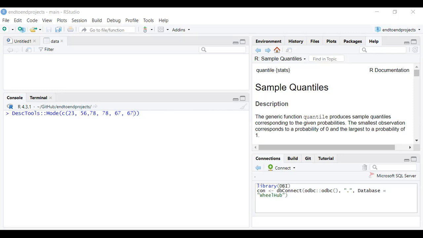In the same way, first quartile: here it is 20.12, but there we got 20.00.